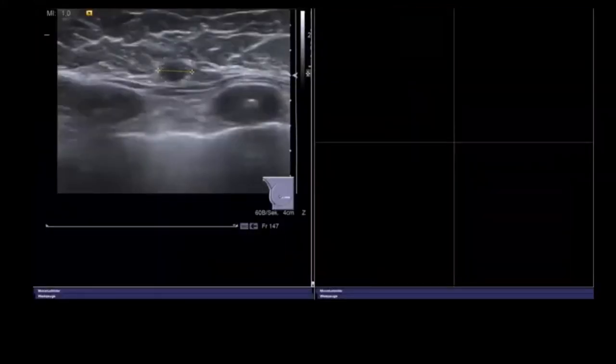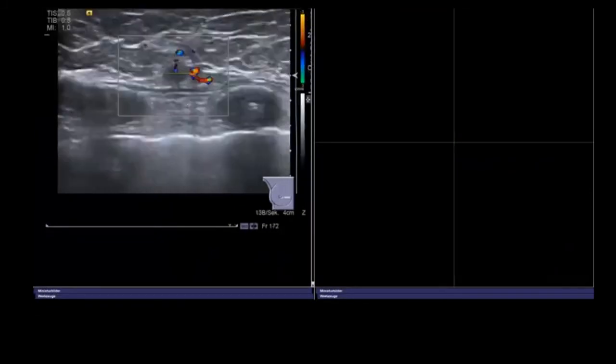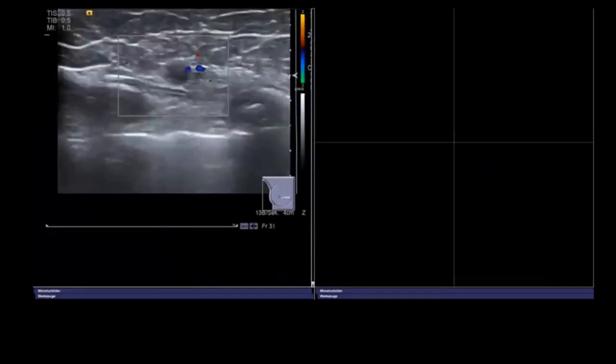This is ultrasound. There the lesion is vascularized, and it has a reduced elasticity in the elastography. So it's definitely not a cystic lesion.